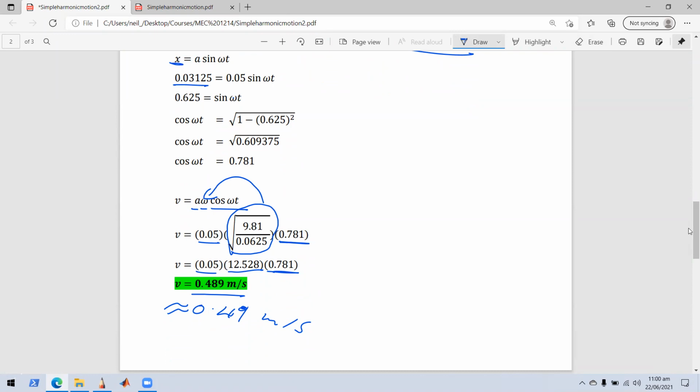Yeah, we're plugging that distance in there, and we're using it to find the cosine omega t part of the formula. Right. Okay. All clear? Yes, sir.